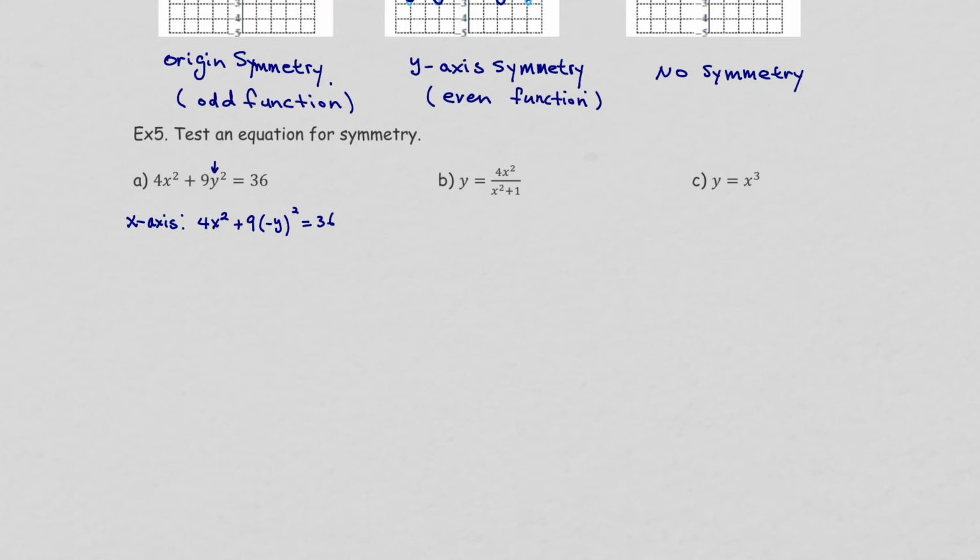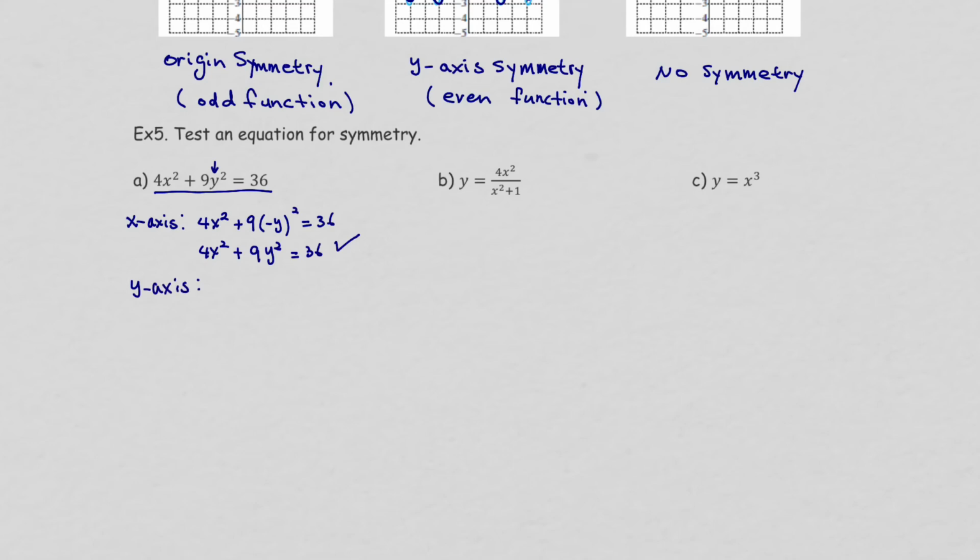And when you simplify this, you get 4x squared plus, because you're squaring the negative, you end up getting positive 9y squared, which went back to what it started. So we will say this is x-axis symmetry. What about y-axis then?